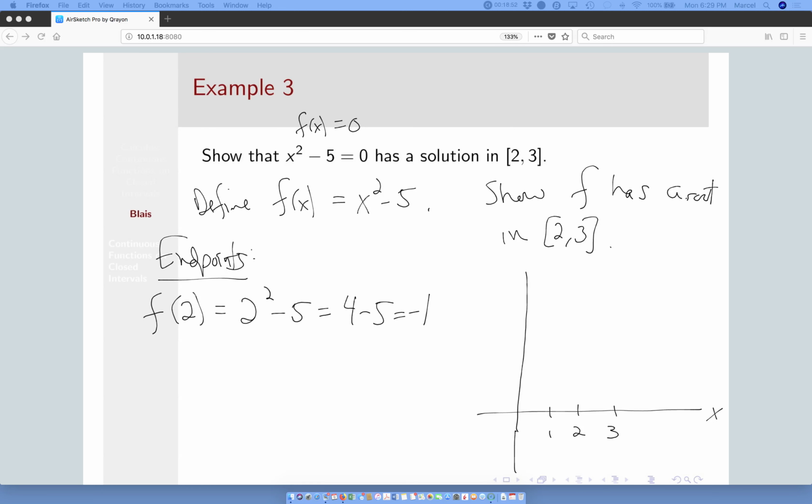So we know that the function has a point of x equals 2, y equals minus 1. So we are here. Checking the other endpoint, f of 3, gives us 3 squared minus 5, or 9 minus 5, or 4. So we have the point 3, 4.